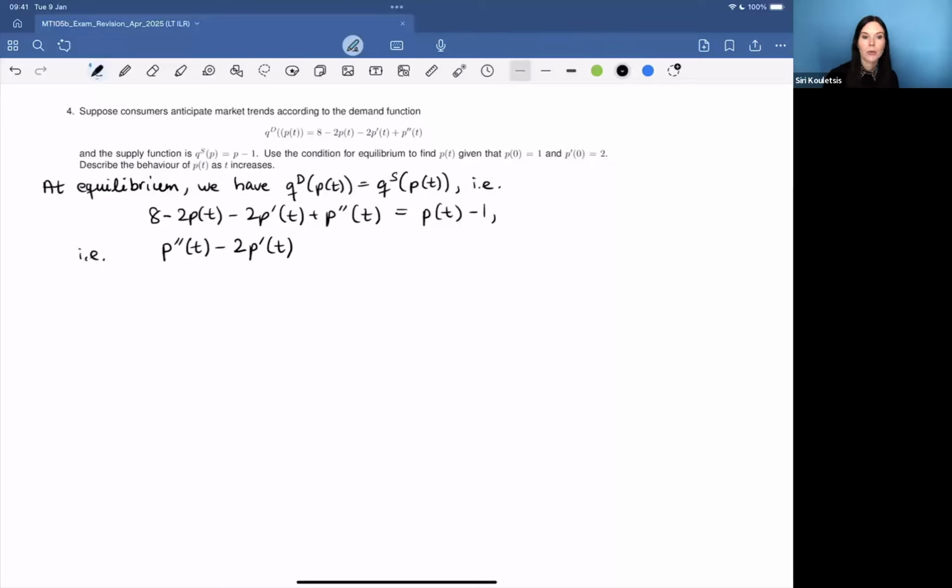Then we have minus 2 P of t, but we also have P of t on the right-hand side. So we get minus 3 P of t. And the constants we can put on the right-hand side. And now we see that we have here a non-homogeneous second-order linear differential equation with constant coefficients.